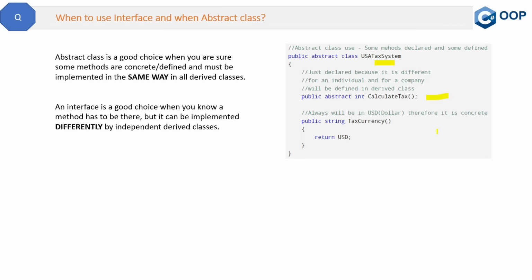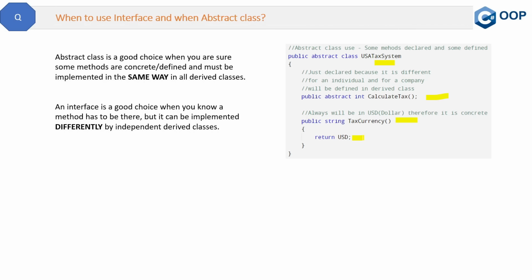Okay, now you have another method which is tax currency. Now you know the USA currency is US dollar. So this method you can make concrete or defined because it will always return USD, because no other currency is possible inside the USA, whether the tax is paid by a company or an individual or any other entity.